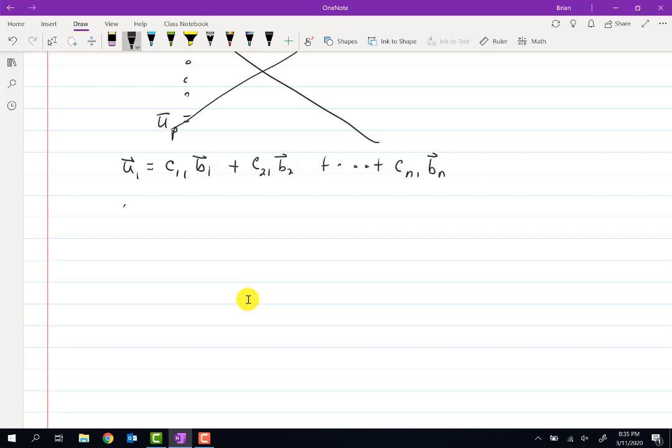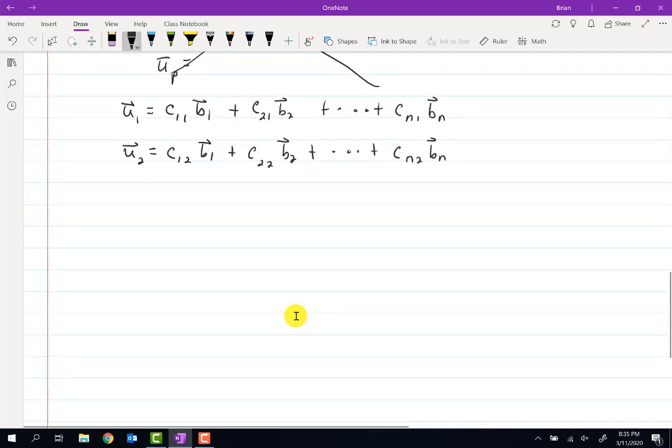Then this allows me to come up with a convenient way of labeling U2. This time, all of my second indices will be a 2, but the first ones will go from 1 to n. So I'll have C12 B1 plus C22 B2 plus dot dot dot plus Cn2 Bn.